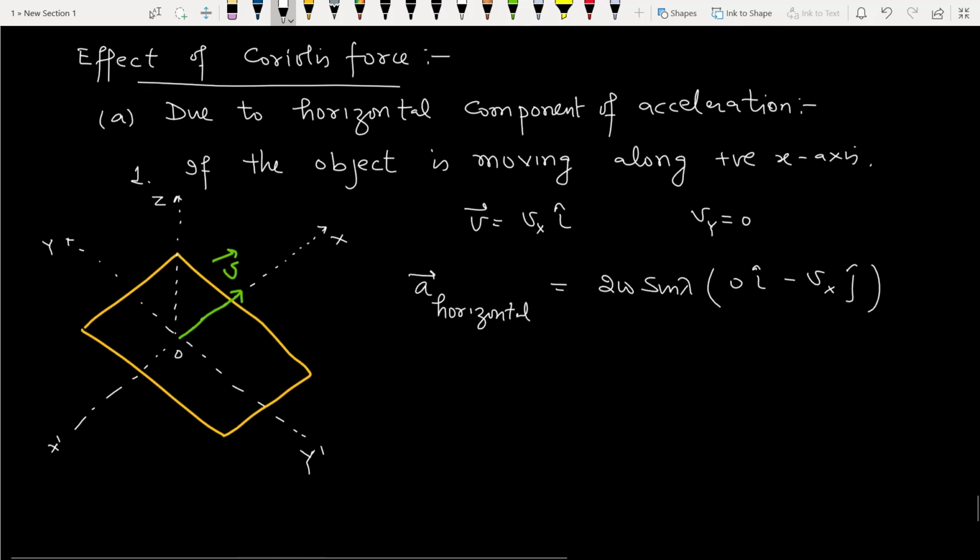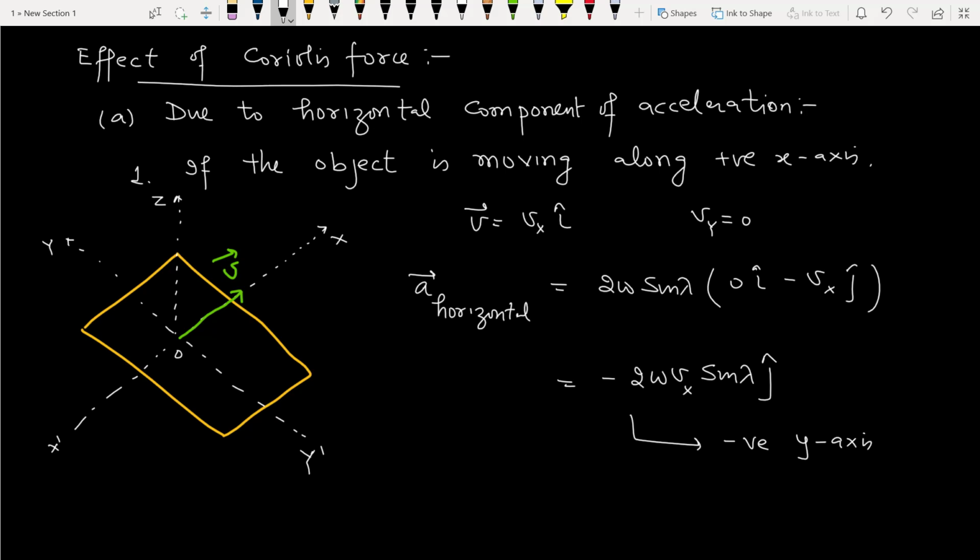So when we solve this, it will be minus 2 omega Vx sine lambda j cap. So this acceleration is along the negative y-axis. So the body firstly starts moving towards the positive x-axis, then it will be shifting towards the negative y-axis.